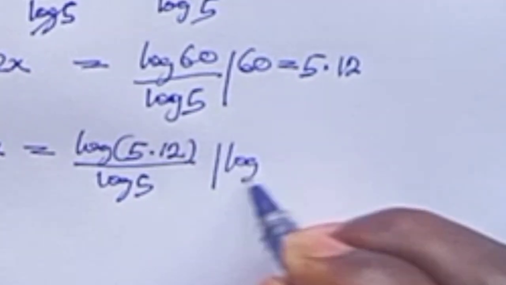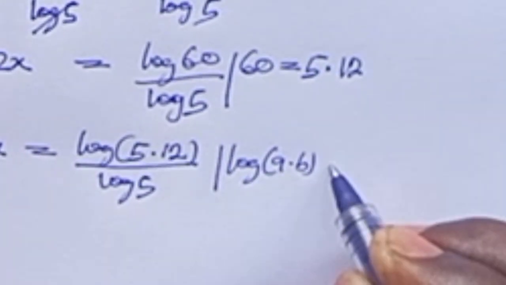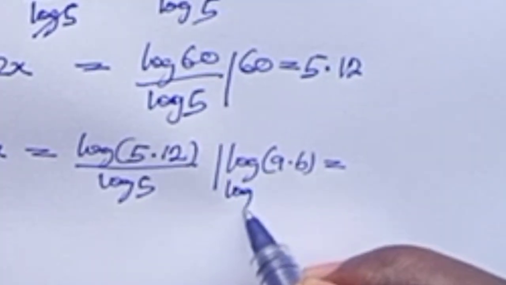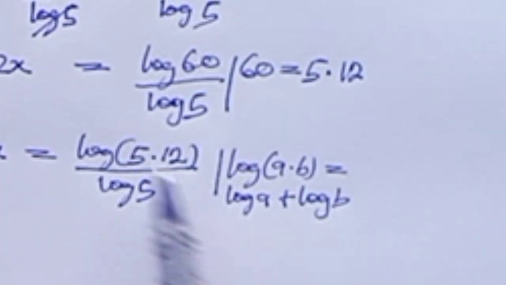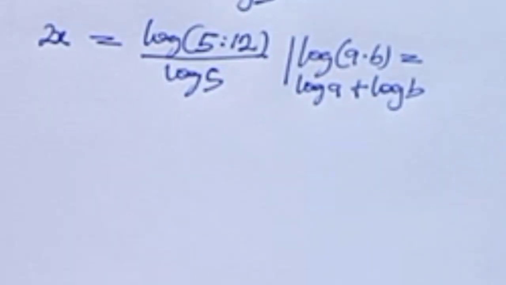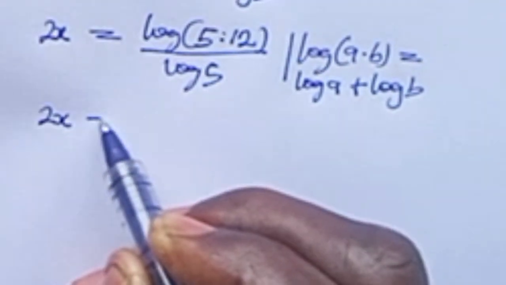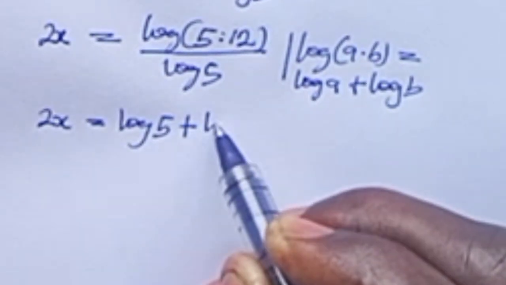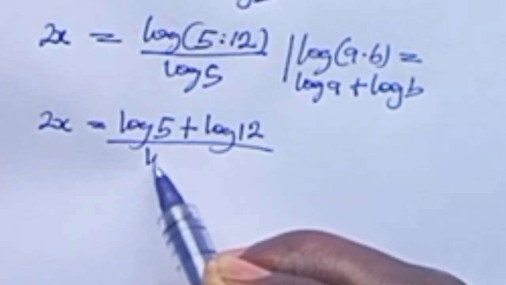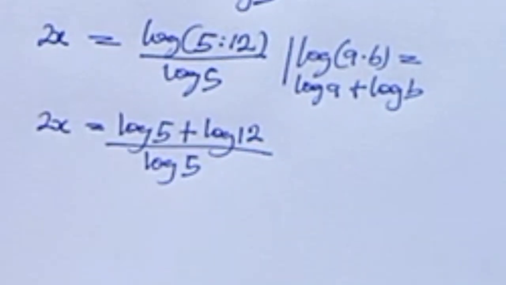Again, log a times b is equal to log a plus log b. I will apply it here. And the next line becomes 2x is equal to log 5 plus log 12 all over log 5.